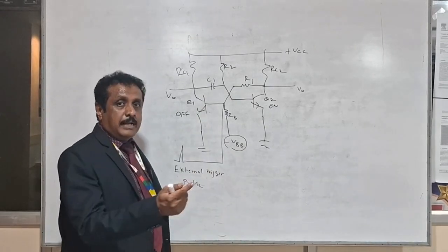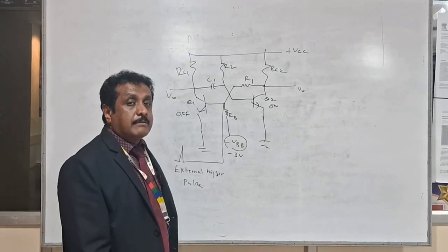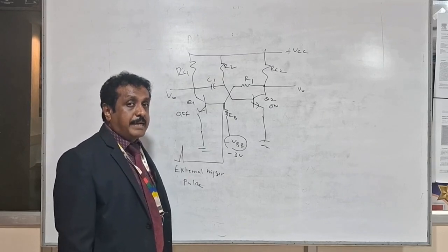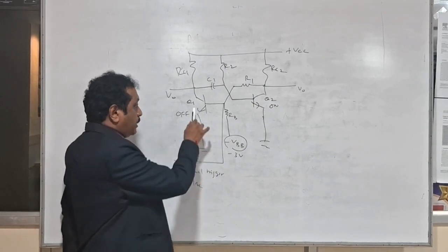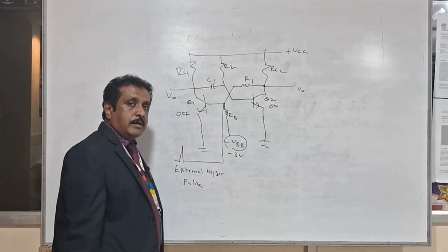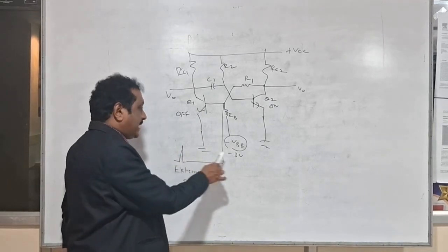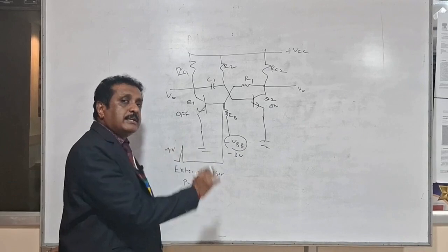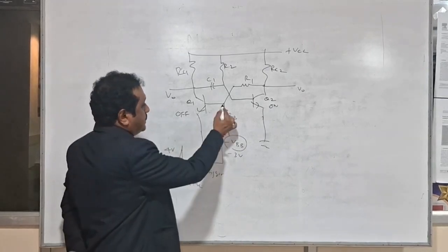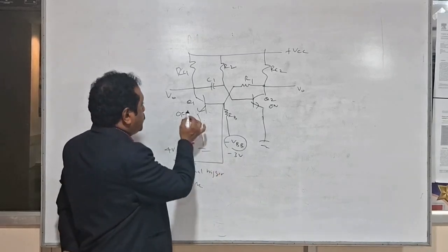For example, let's take VBB as minus 3 volt. That is the reverse bias voltage at the base of Q1. So if you want to turn Q1 on, the trigger pulse magnitude should be greater than 3 volt. When you apply a trigger pulse of 4 volt, the base-emitter junction of Q1 becomes forward biased, and Q1 turns on.